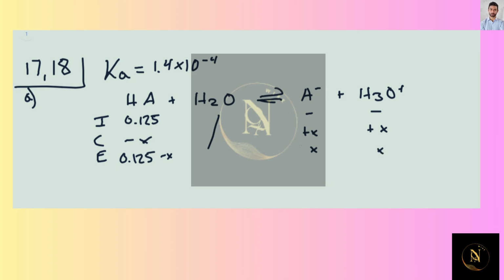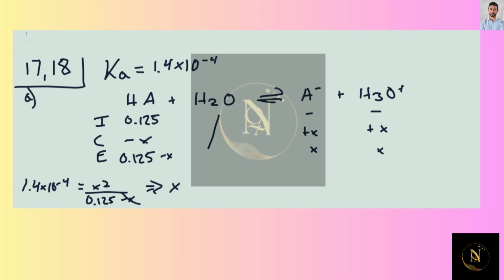So we have 1.4 times 10 to the minus 4 is equal to x squared divided by 0.125 minus x. And since it's a weak acid, we can disregard this minus x here.